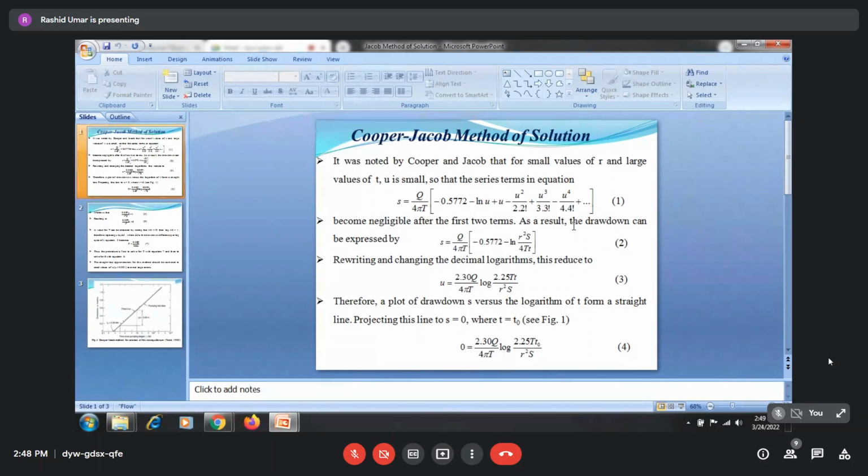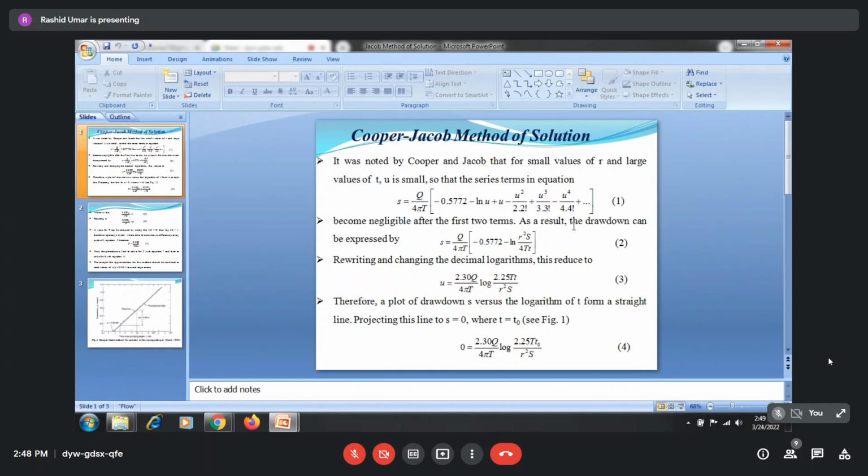However, it is important that the pumping duration should be at least 24 hours or 48 hours. Ideally, 72 hours is taken as the pumping duration. The ideal condition depends on several things, on your budget and everything.